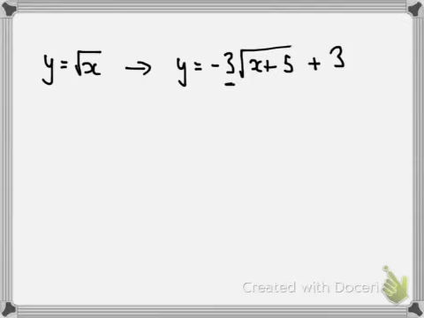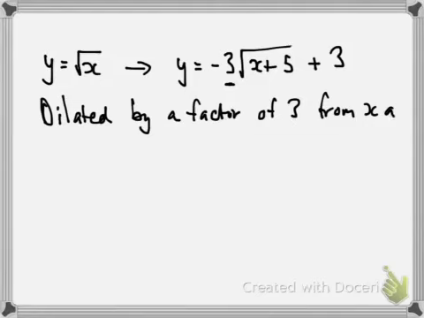We've got a 3 there, so it's dilated by a factor of 3 from the x-axis. So that deals with the 3. We've got a negative 3, so that means it's reflected in the x-axis.